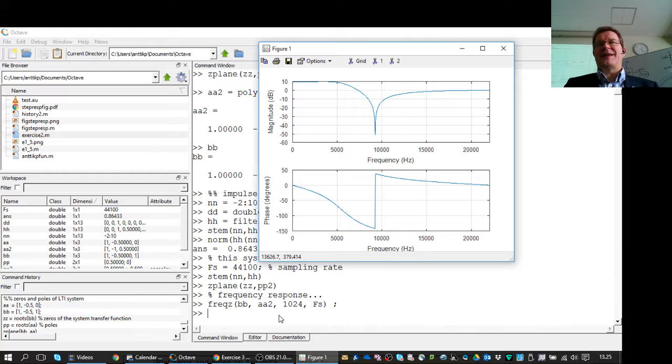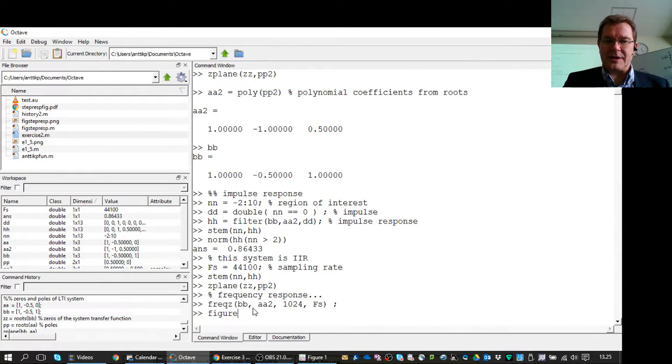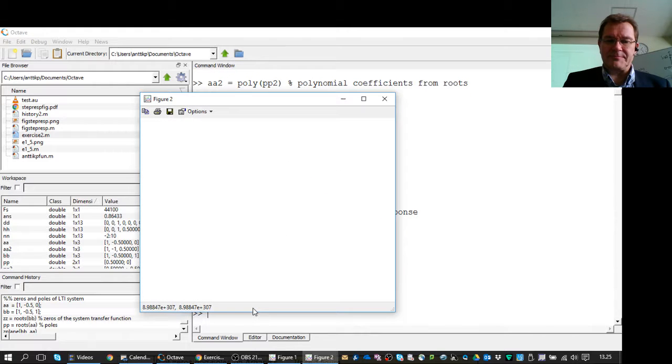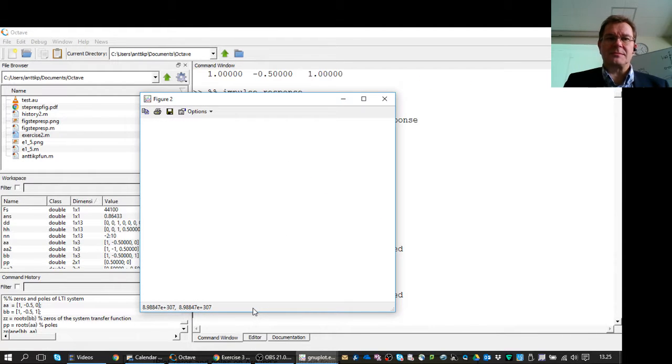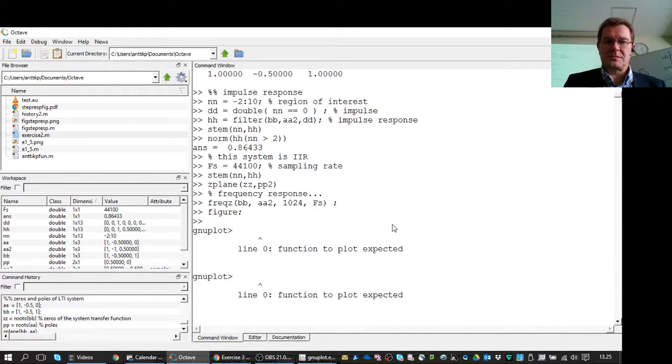Wow, that's nice. That's actually a pretty filter. Let me put another figure here and put the Z plane. What happened?